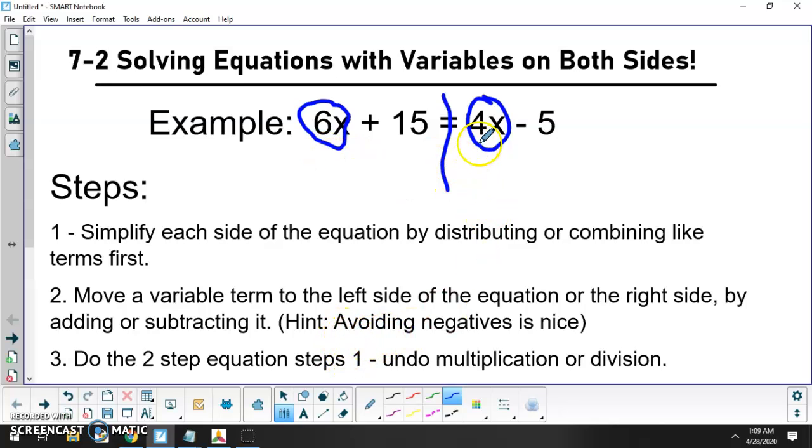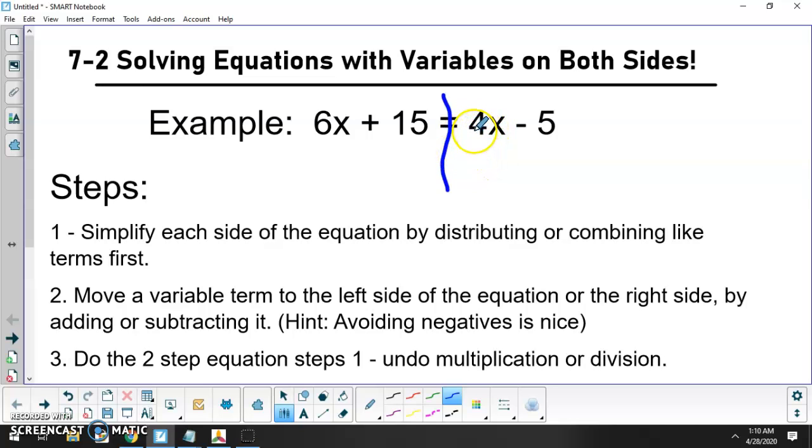So in this one, what would you move, the 6x or the 4x, to avoid the negative coefficient? Well, in this one, you need to move the 4x. And you have to use inverse operations, which means you have to undo how it's attached here.